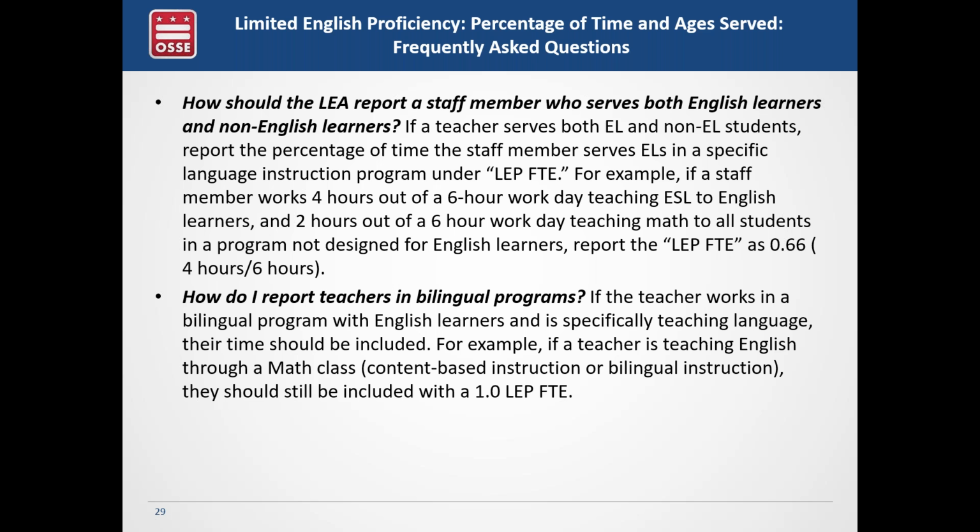If that person is employed for that reason and for that program, they should have their FTE reported under the limited English proficiency column. I feel like a lot of these teachers are getting underreported, and I say that because I work with English learner staff and your ELP points of contact quite a bit. And so I know there are a lot of staff out there, but they are very rarely reported.